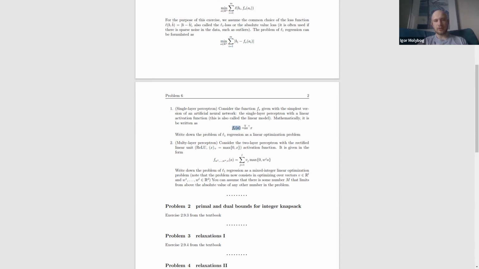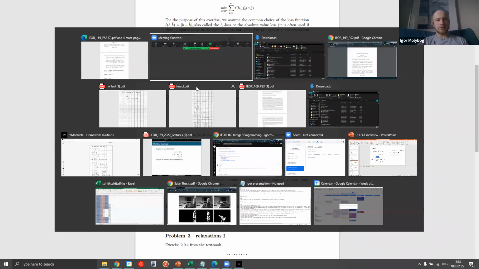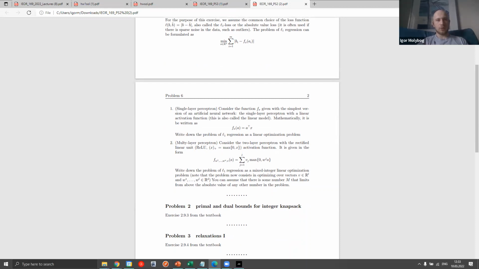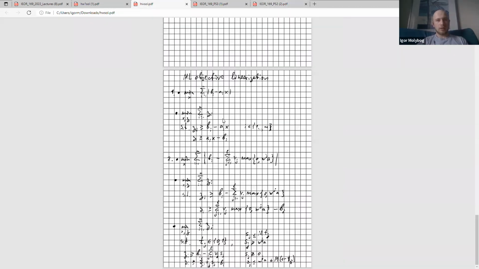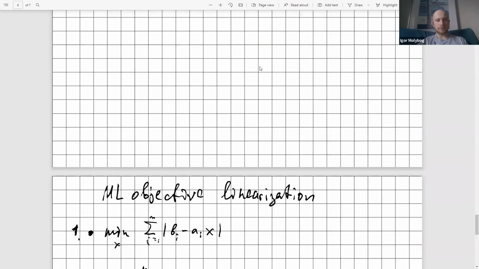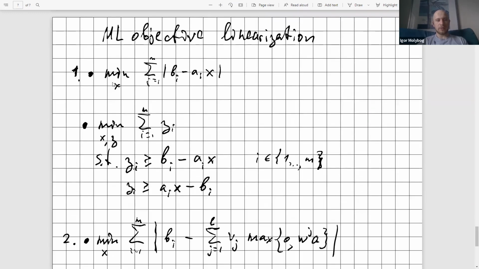The solution for that is the following. We are considering this ML problem, this is our problem essentially that we are focused on. We are trying to minimize the summation of absolute values of b_i minus a_i x.